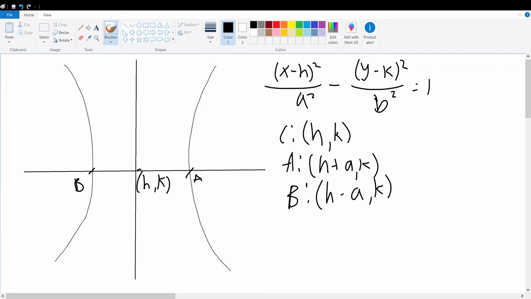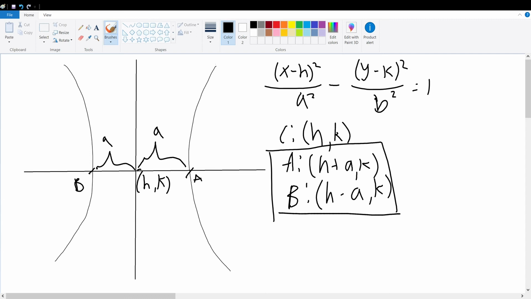We can find this from the definition of the a value within this general function, which is the distance between the center point and its two vertexes respectively, so this will be a, and this will also be a. Therefore, we have the general points for the vertexes of a hyperbola.